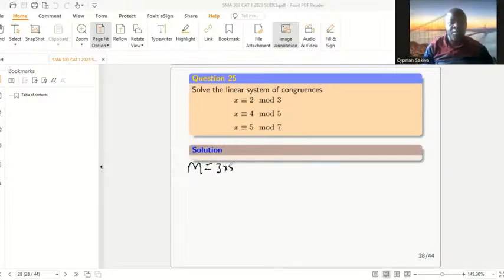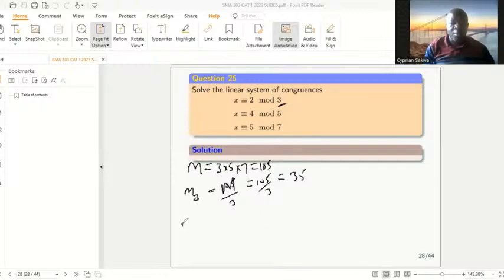3 times 5 times 7. When I use my calculator, I get 105. Then I get the moduli with respect to 3, which is m divided by 3, which is 105 divided by 3. When I use my calculator, that gives me 35.